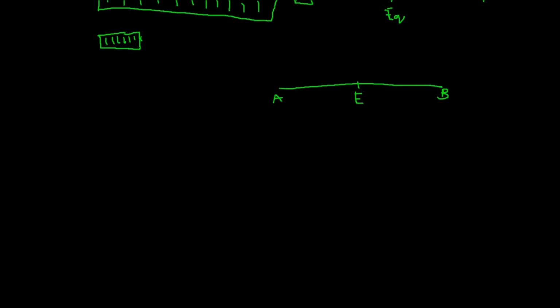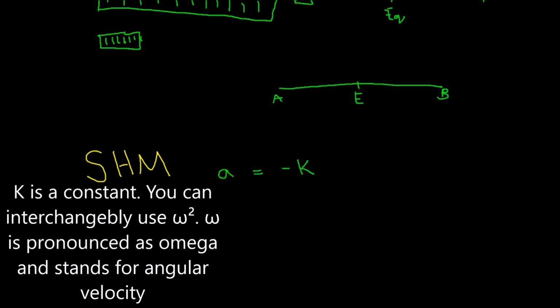So to go back over simple harmonic motion, SHM, the equation for this is a = -kx, or you can write this as a is proportional to -x.